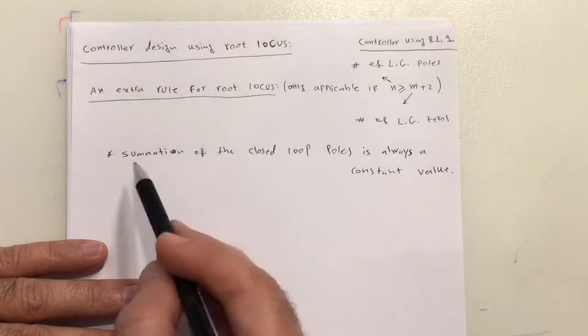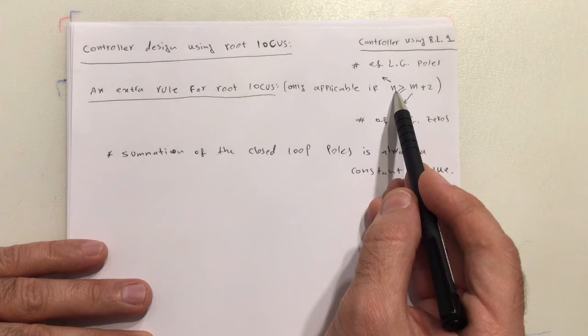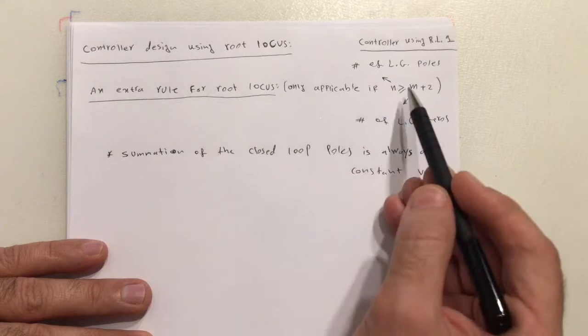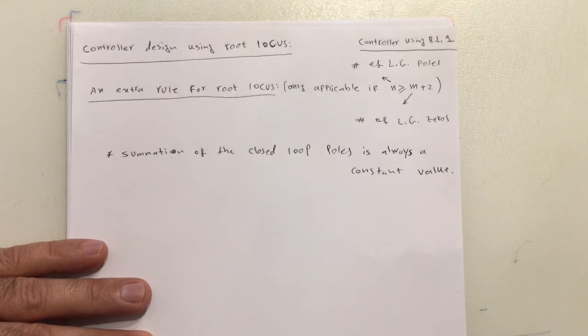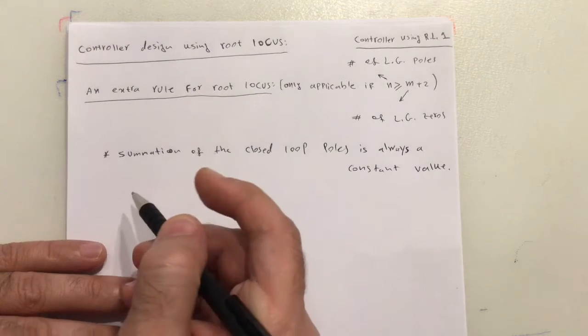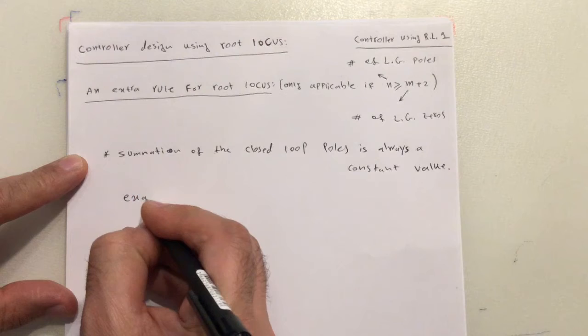Remember, this rule is only applicable if you have at least 2 poles more than zeros. So in that case, the summation of closed loop poles is always a constant value. Before I explain it any further, I can give you an example.